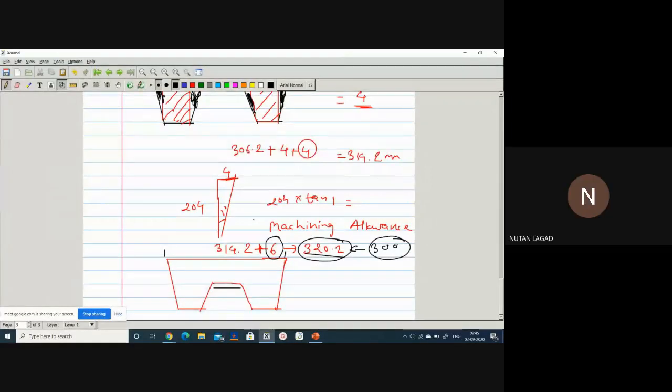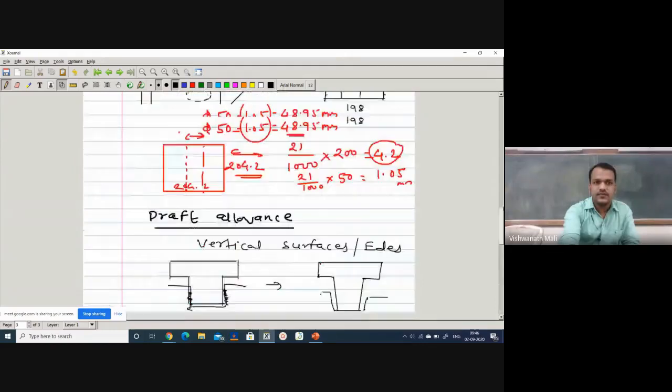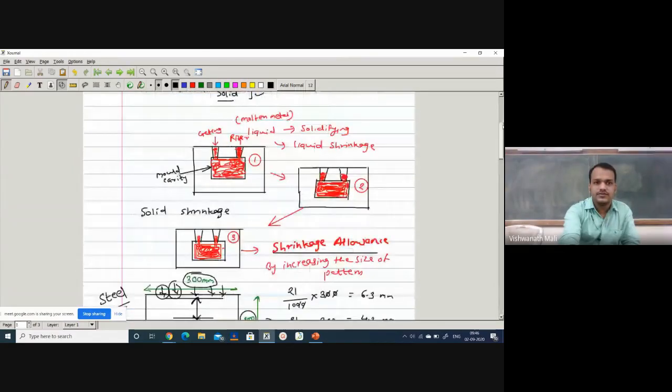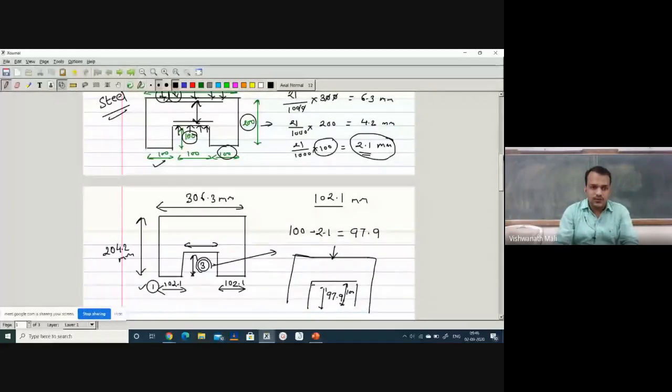Okay. Sir, why are we not using only shrinkage allowance? Now see here, if you use shrinkage allowance only.